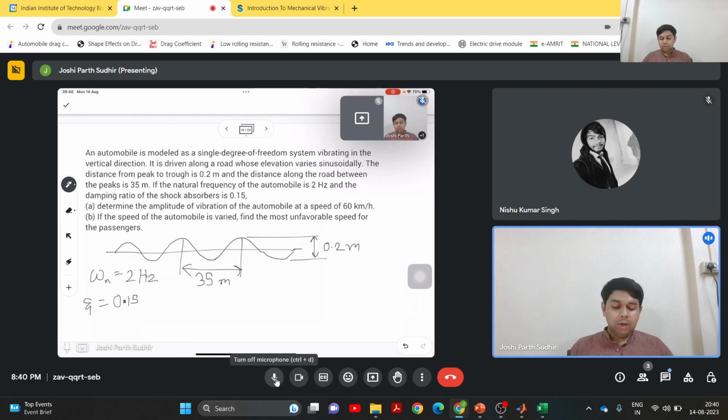So we have to find out, so that when the car will go on this bumpy road, what will happen is that the wheels will be subjected to some forces because of, so basically the wheels are connected to the vehicle body through some suspension, which is basically a spring and damper.